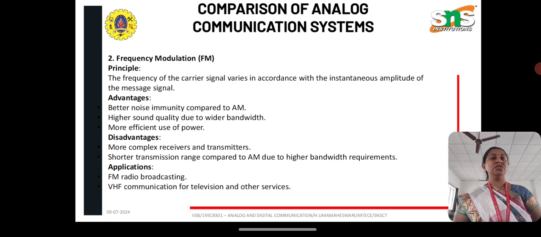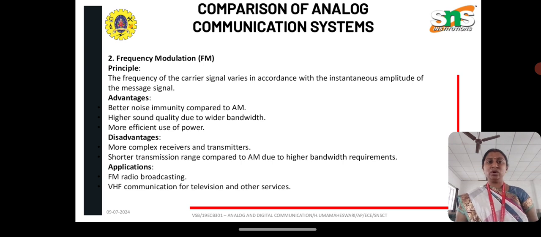The next modulation is frequency modulation. The main principle is that the frequency of the carrier signal varies in accordance with the instantaneous amplitude of the message signal. The main advantage here is better noise immunity when compared to amplitude modulation. It also has higher sound quality due to the wider bandwidth, and it is more efficient in power.